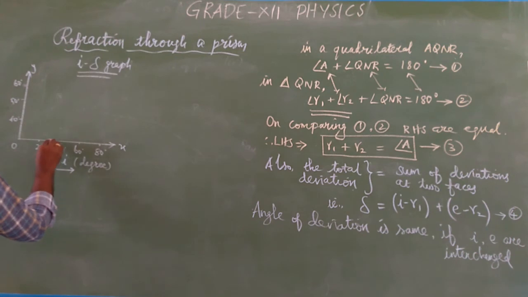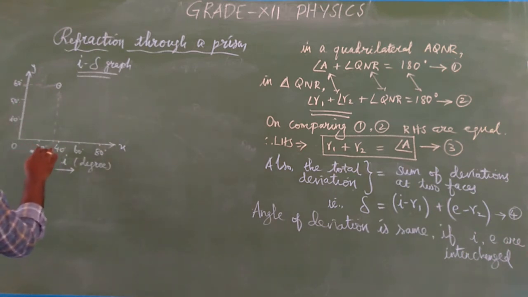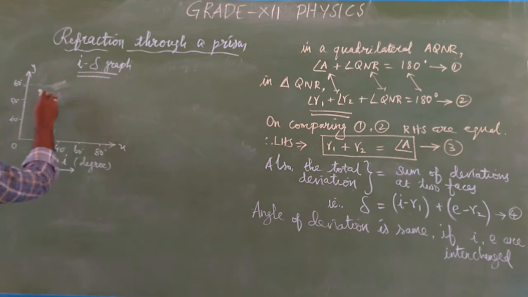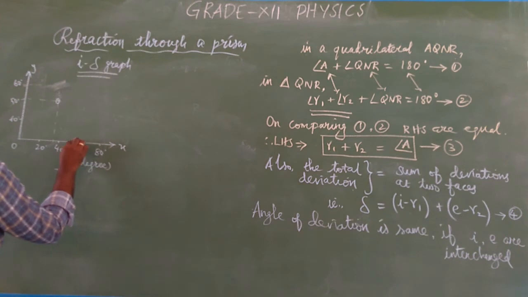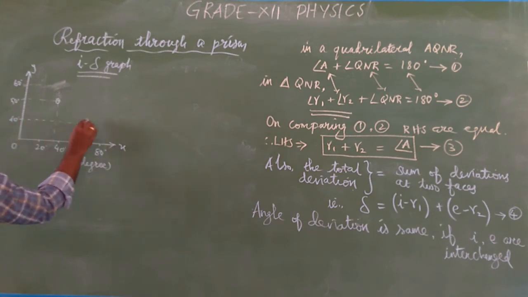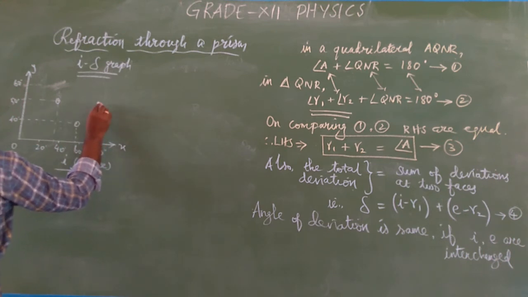So if it is 38 degrees, the deviation is about 60 degrees. When the angle of incidence is 50 degrees, the deviation reduces, and when it is 55 degrees, the deviation is about 45 degrees. When it is 70 degrees, the deviation is again higher, about 50 degrees.